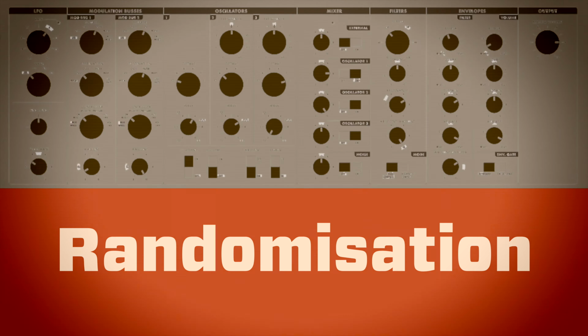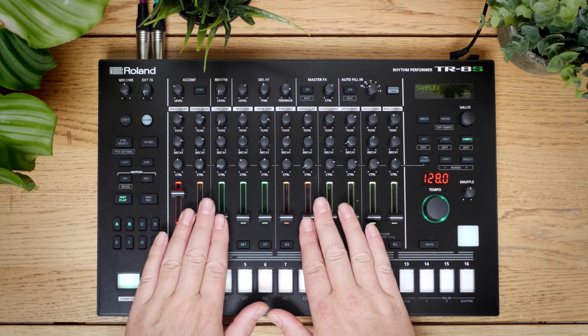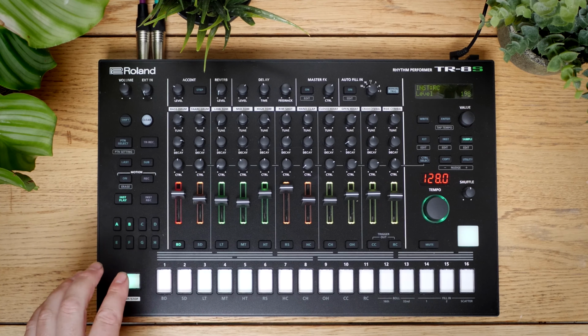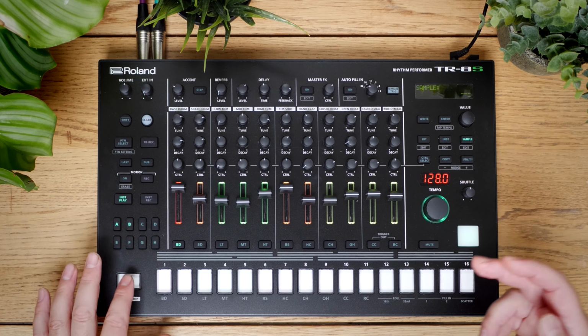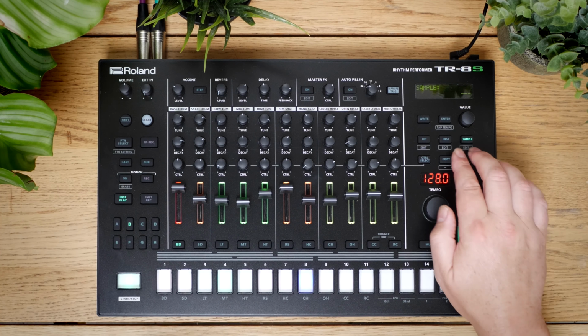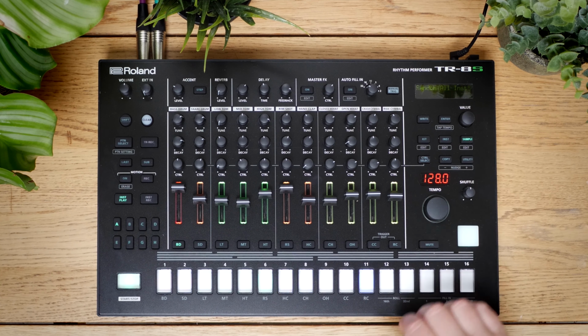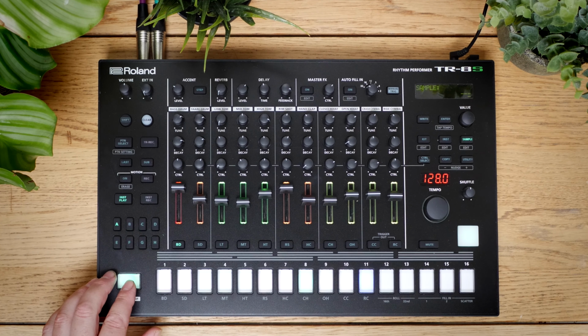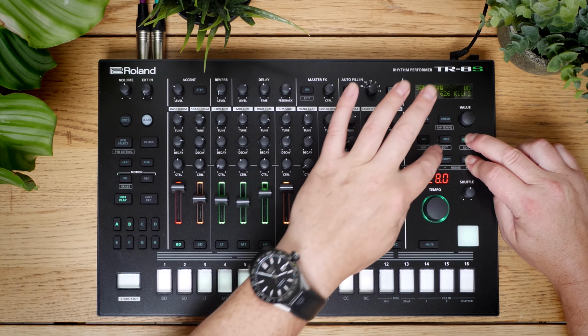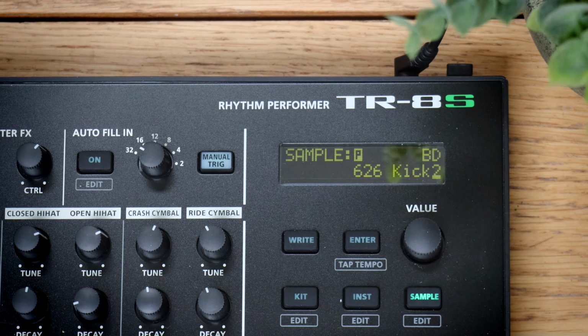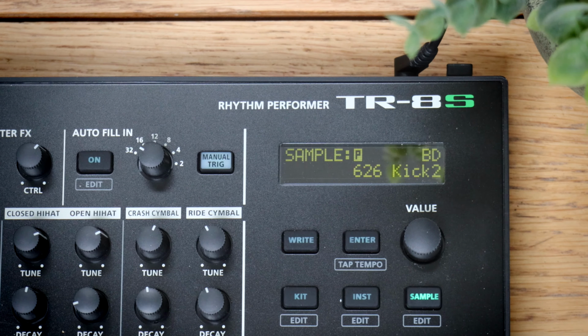Looking at the randomization now, we hold sample and press instrument. It's really, really simple. Let's just play something. That's randomized the whole kit. To go back to the original kit, hold sample and utility and press instrument.